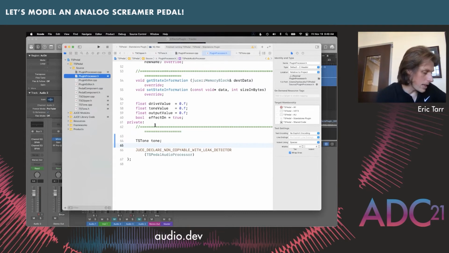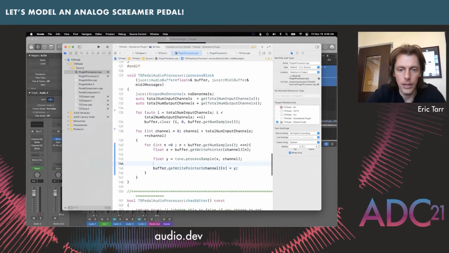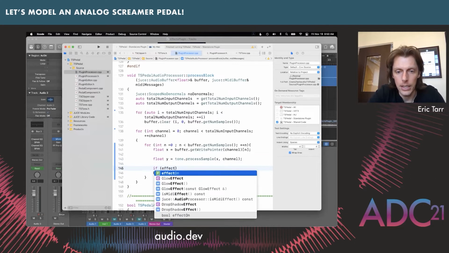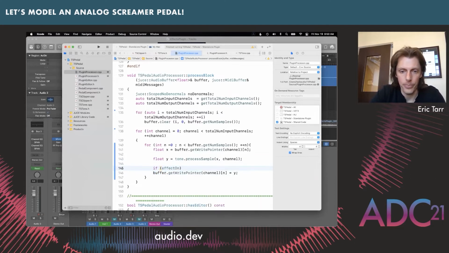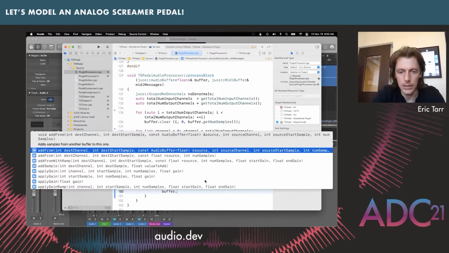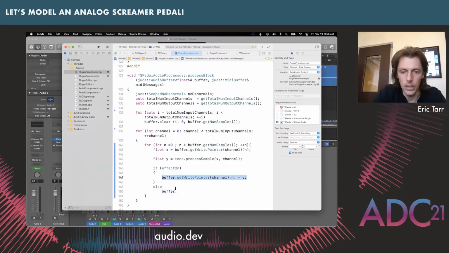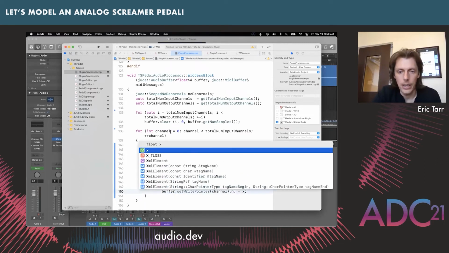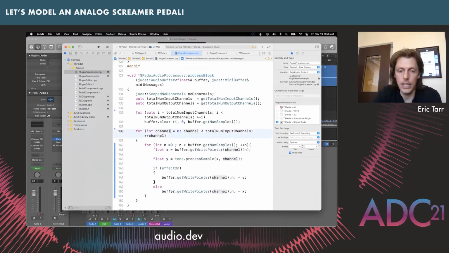So let's write it like this: if effect is on, we'll do this step, and else we will just do buffer dot this thing equals X. So no processing. We'll just pass the input that comes off of the buffer to the output again.